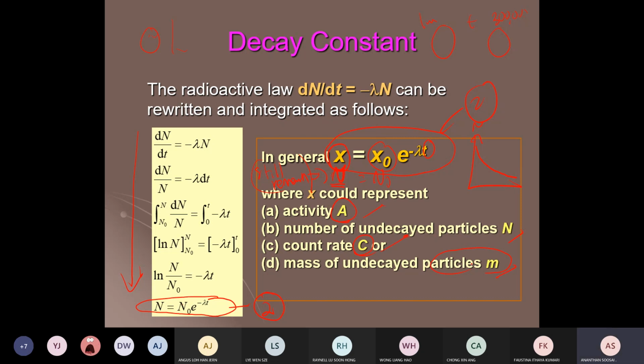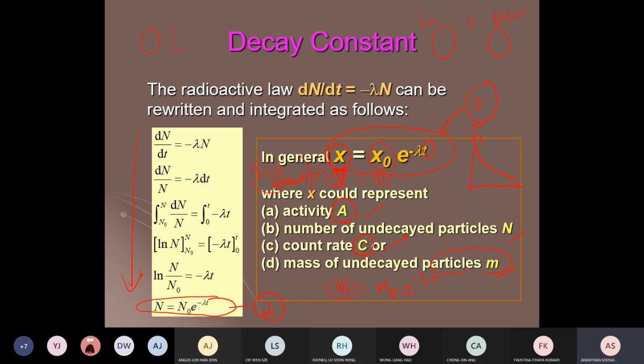Okay. So in the exam, they can ask you to find the number of particles after 2 hours. If they ask for the number of particles, the formula is n equals n naught e negative lambda t. But they can also ask, what is the mass of the uranium still left after two hours? For mass, the n changes to m: m equals m naught e negative lambda t.